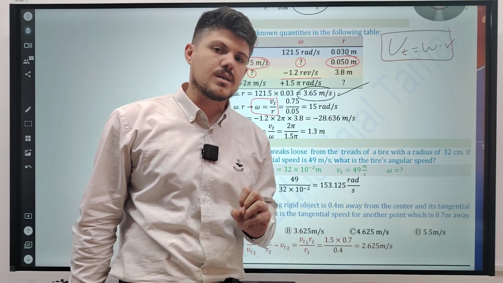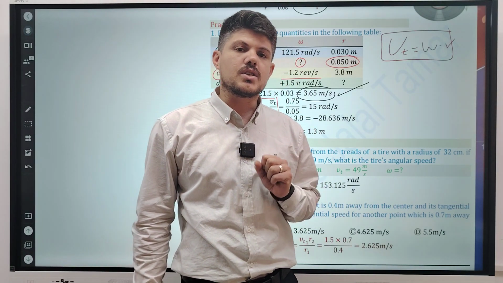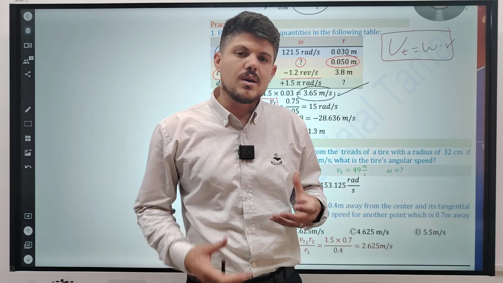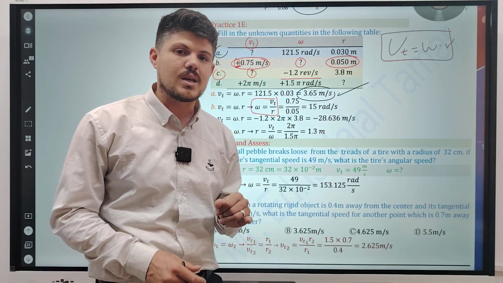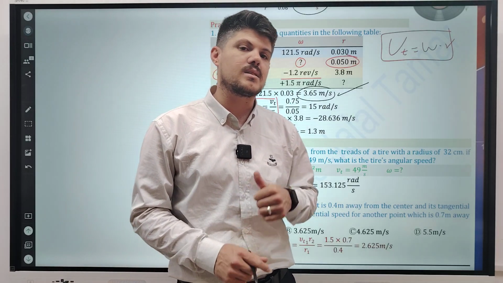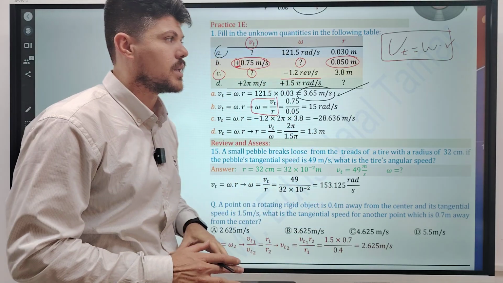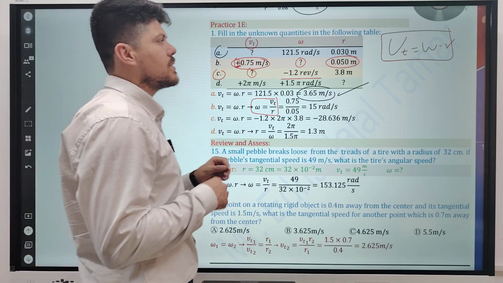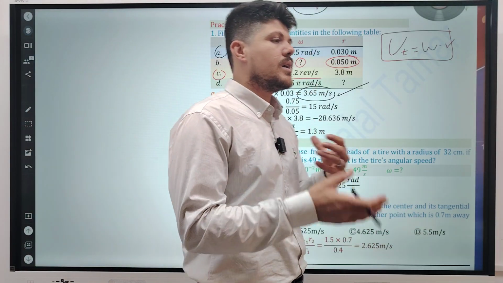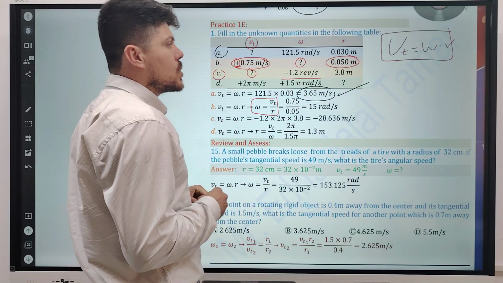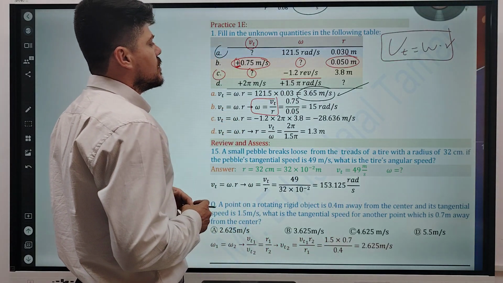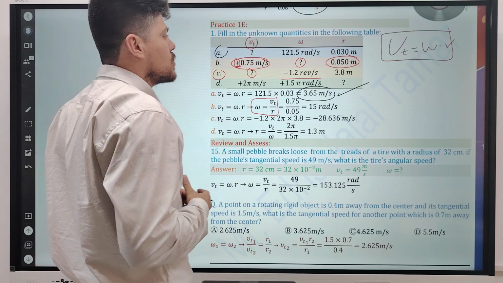So when will the direction of the tangential speed be clockwise? When the object is rotating in the clockwise direction. So that is why the direction of the tangential speed is the same as the direction of the angular speed. If tangential speed is positive, the angular speed is also positive. If the direction of the angular speed is clockwise, which means negative, the direction of the tangential speed is also negative.